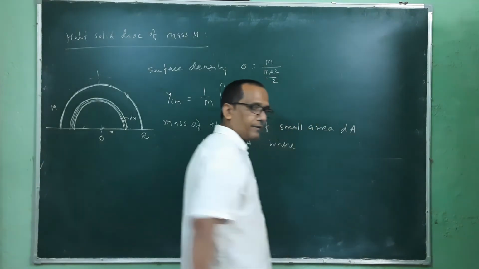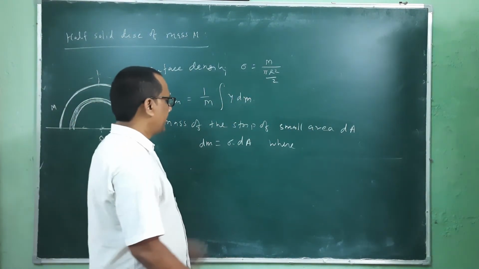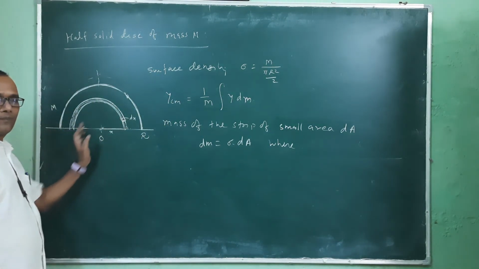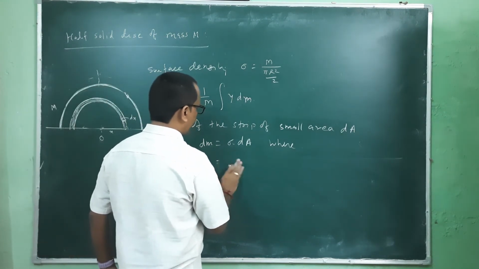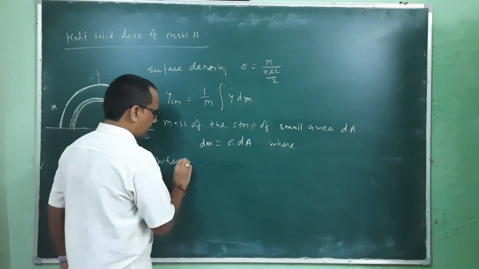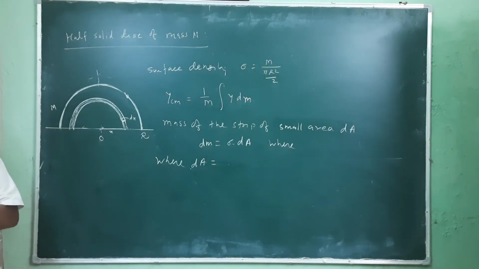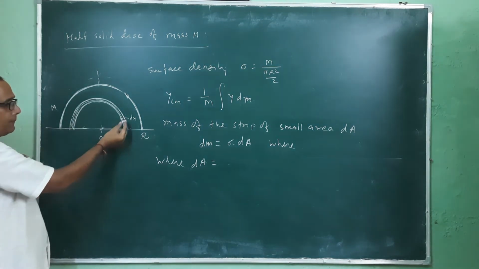So this dm is equal to sigma multiplied by dA, where dA is the area of this strip. So dA is equal to half perimeter length multiplied by this dx.